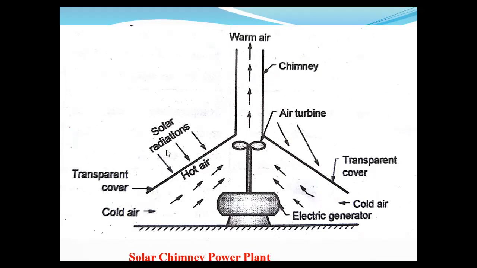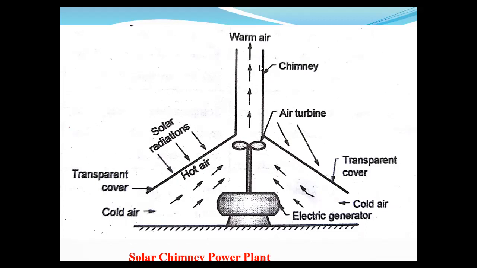Now, when solar radiation falls on this transparent cover, it transfers heat inside, and the air under this cover gets heated and flows up, and its place is taken by cold air surrounding this plant, which enters the plant and flows under this cover. Again it gets heated, becomes light, and flows up.